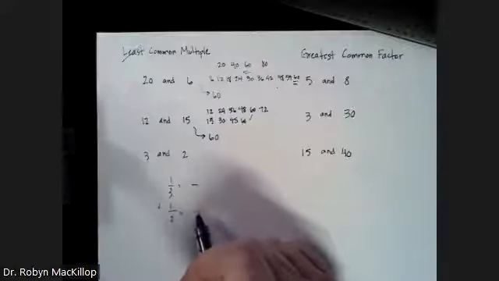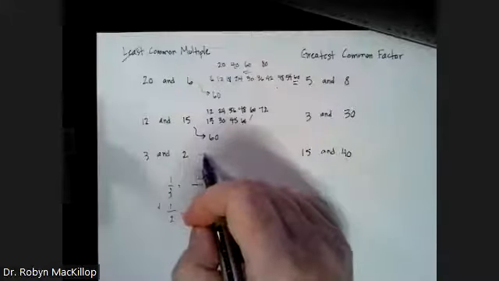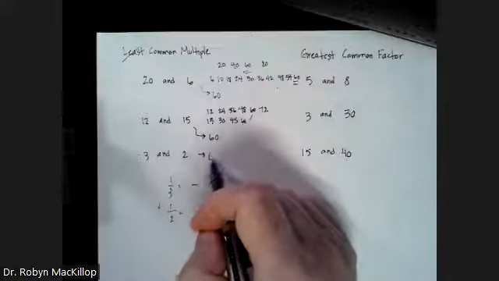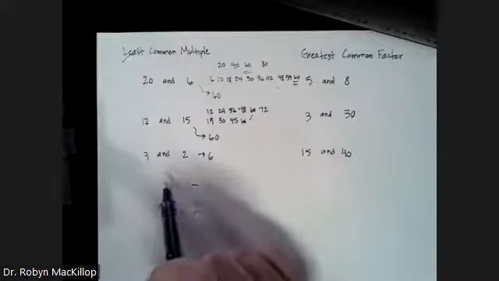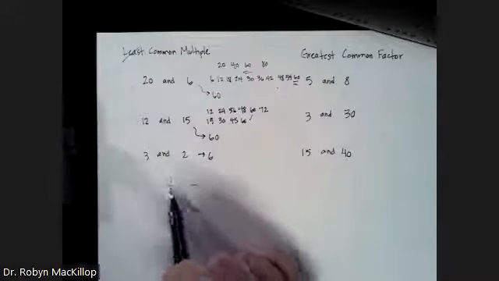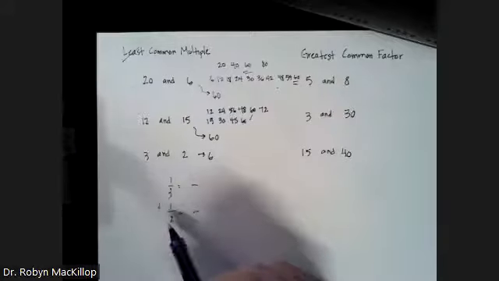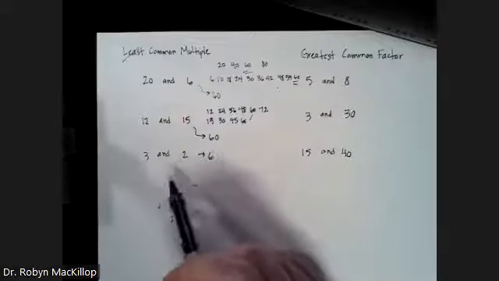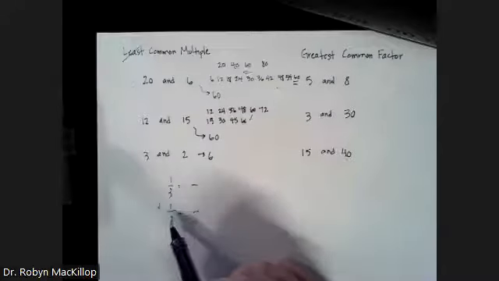Sometimes the easiest thing to do is take the two numbers and multiply them. So this one would be 2 times 3 is 6, which is correct, because you know absolutely that the two numbers are going to go into a number that they both multiply. If you multiply 3 and 2 and get 6, 3 is going to go into it, and 2 is going to go into it.